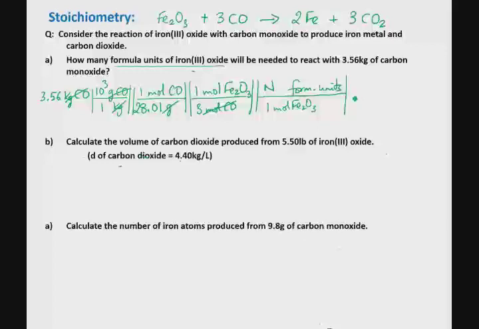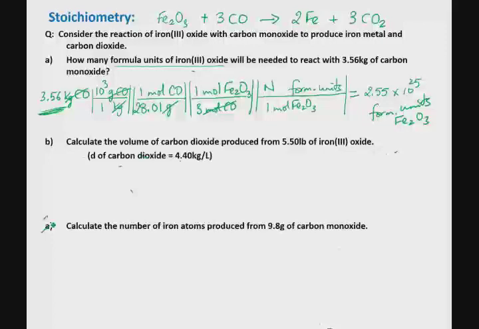When you complete the calculation and round the final answer to 3 significant figures, hopefully you get the answer as 2.55 times 10 raised to 25 formula units of Fe2O3. Okay, please do complete the remaining two parts as well.